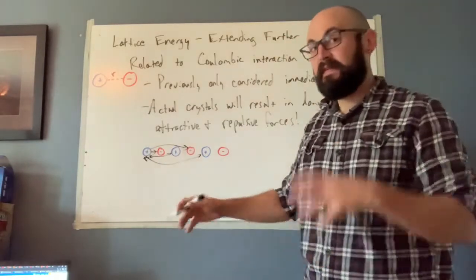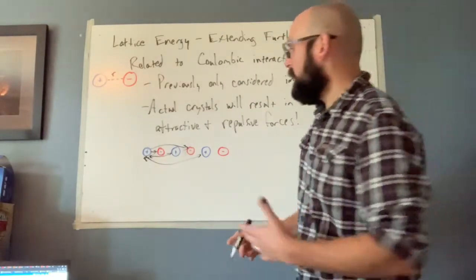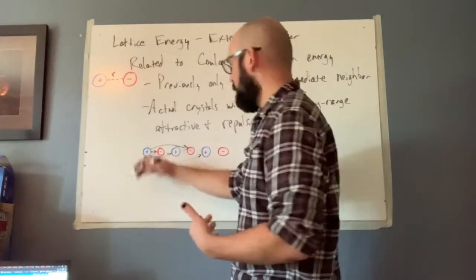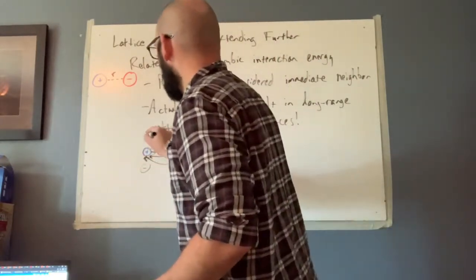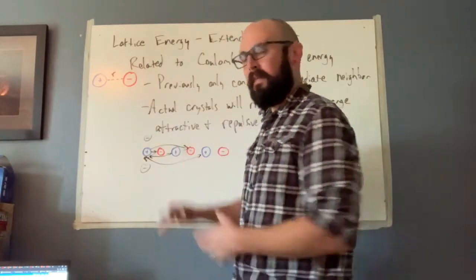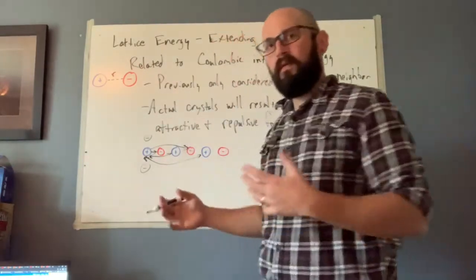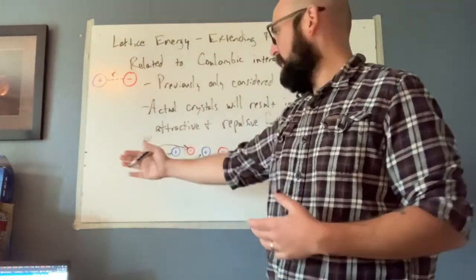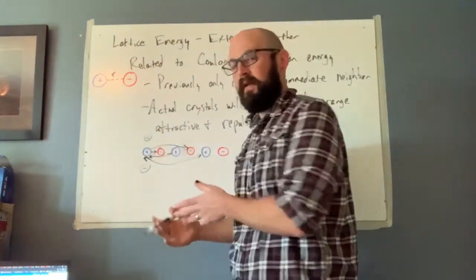If you were to extend this into a two-dimensional network, we would also have the attractive force between the anion that's below and above in the plane of the board. And if we go to a three-dimensional system, we also have the ions that are coming out of the plane of the board and going into the plane of the board.